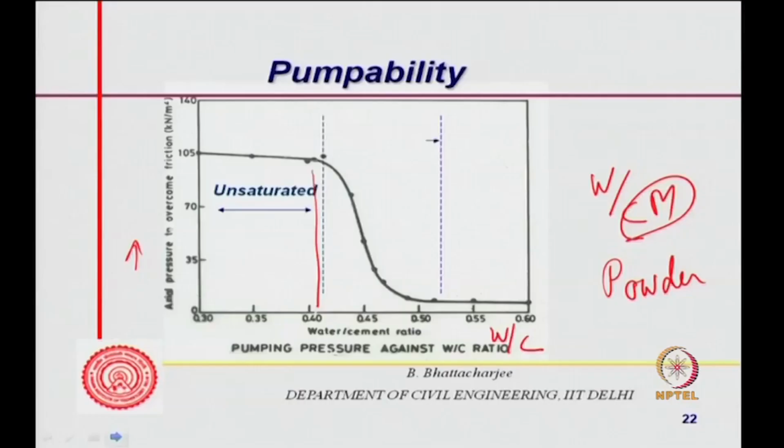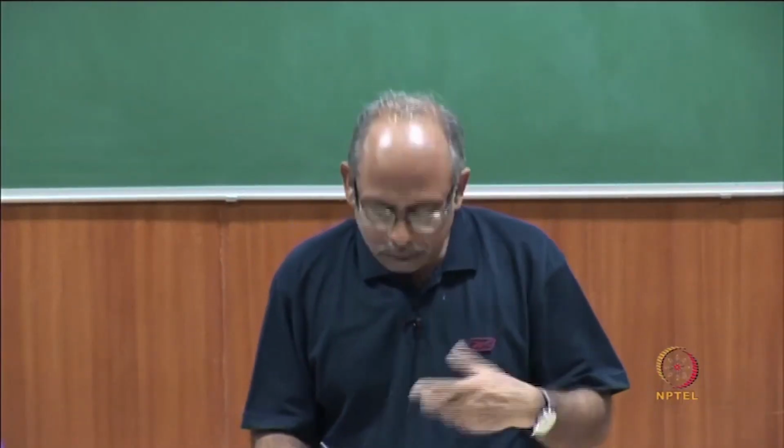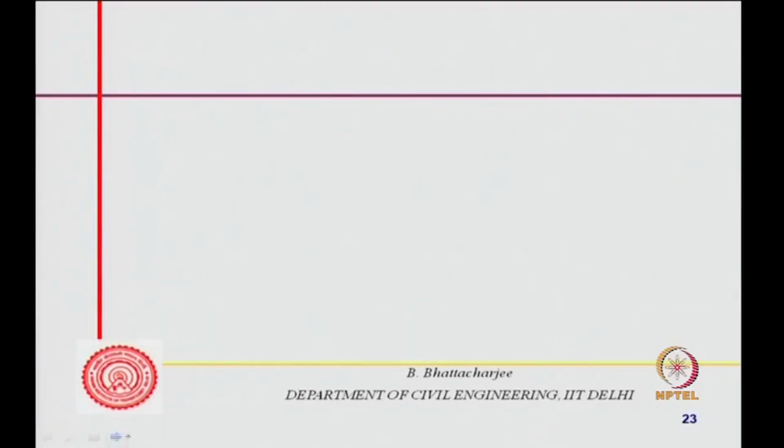There is a transition zone in between, where the lubricating layer starts forming, and when the water to powder ratio is sufficiently high, you have a saturated situation where the lubricating layer readily forms and your pressure reduces. So, it can flow at lower pressure.